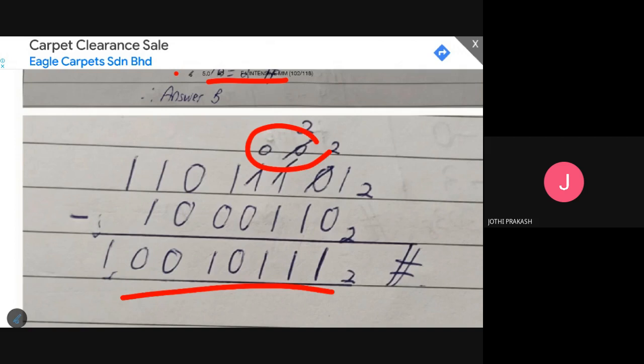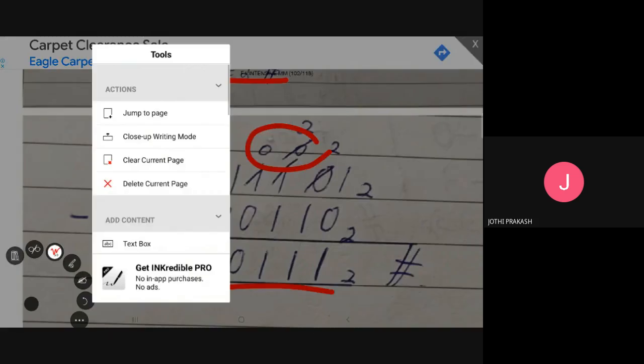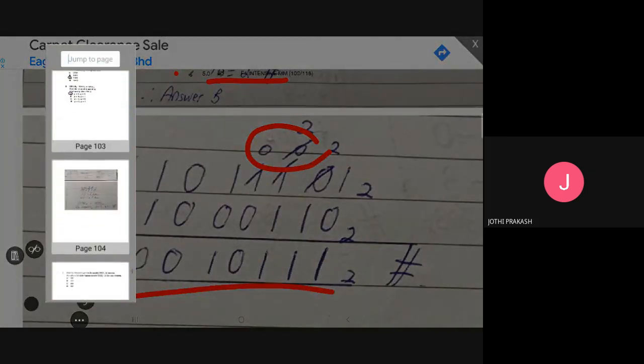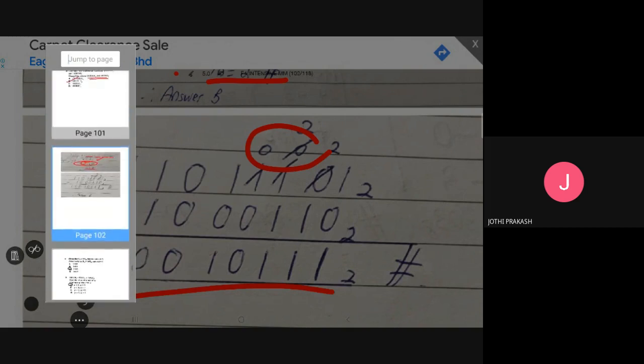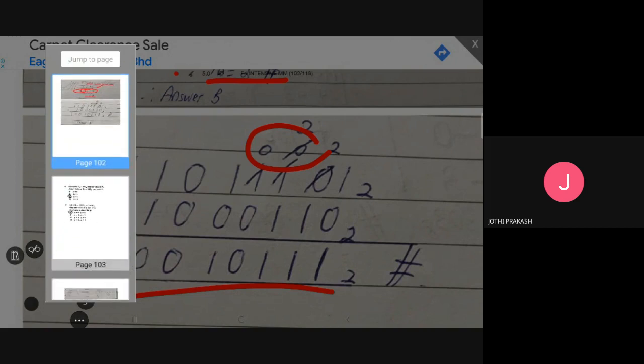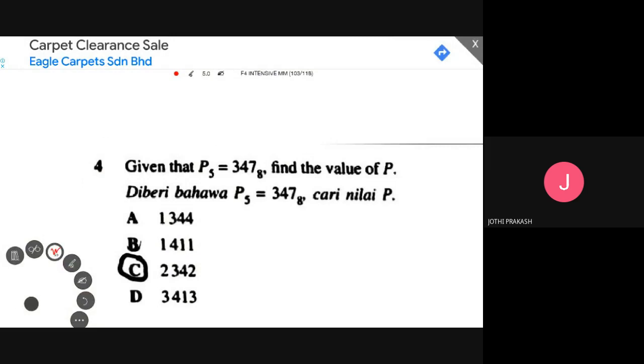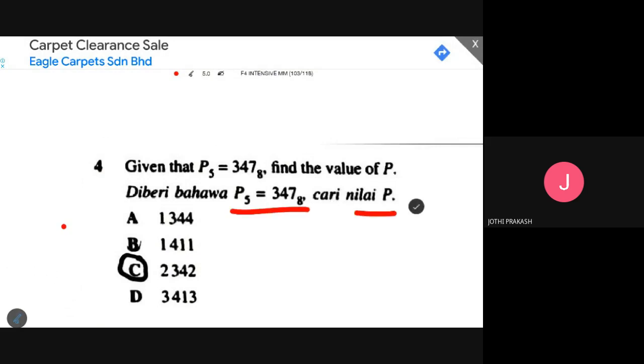Okay, so next one, next question. We'll come to structure soon now, guys. Then we can see how is the pattern for structure. Okay, this question. Okay, so they asked to find the value of P. Okay, so can you tell me guys, what's the answer for this? Apa jawapan dia untuk soalan ni?